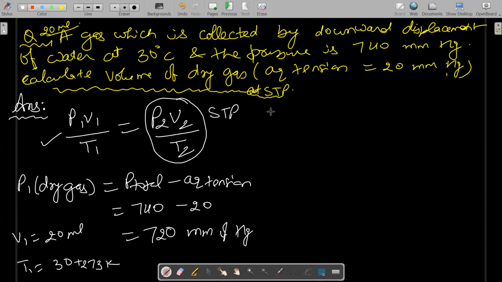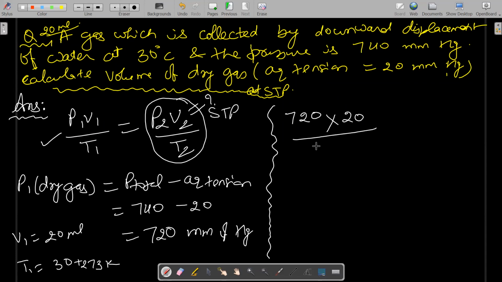So you can put in all these values and calculate. What you have to calculate is V2, the volume at STP. So P1 is 720, V1 is 20 ml, T1 is 303 Kelvin.